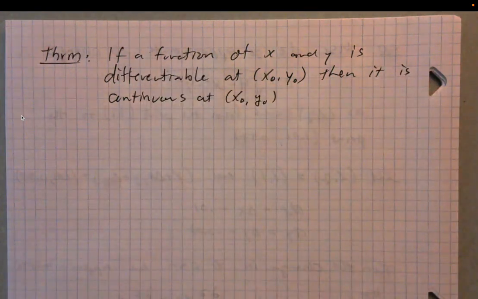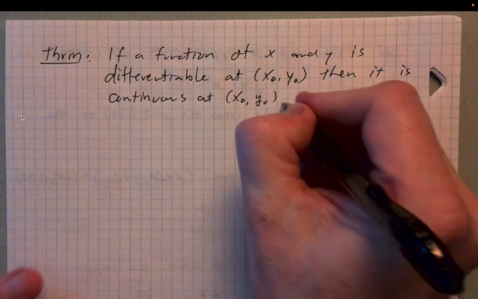So if a function is differentiable at x naught, y naught, then it must be continuous there as well.